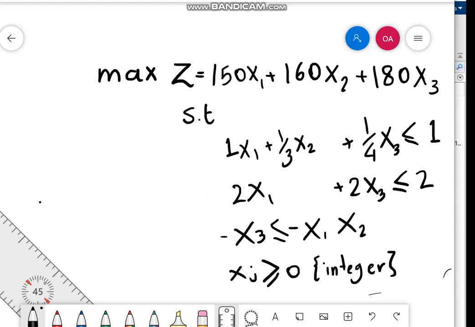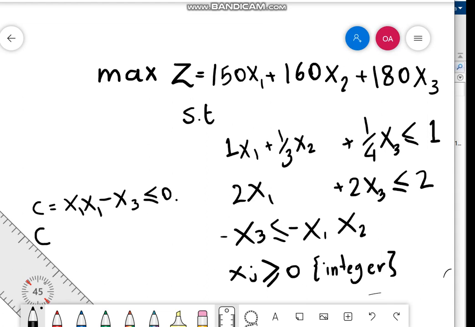The first one is C, so C is equal to x1 by x2 minus x3. This means you have an inequality, so it will always be less than or equal to 0.